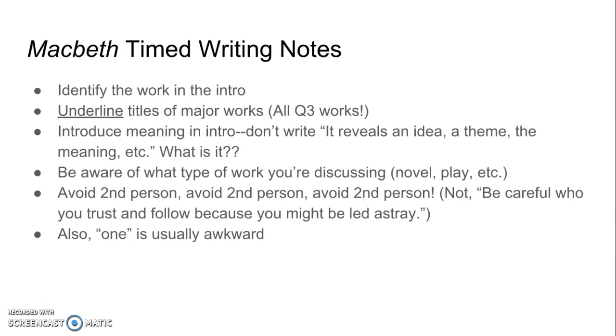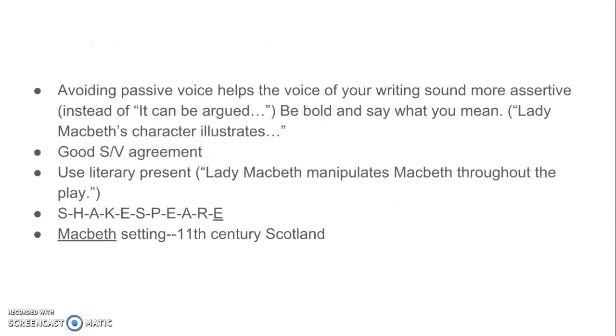Remember that your audience is AP readers, and so you don't want to sound like you're preaching to them at all. And also, one is usually awkward, as in one should be careful who they trust, and then that also creates subject-verb agreement problems. So generally, I'm going to advise you to avoid using one as your pronoun, or at least don't overuse it if you're tempted.